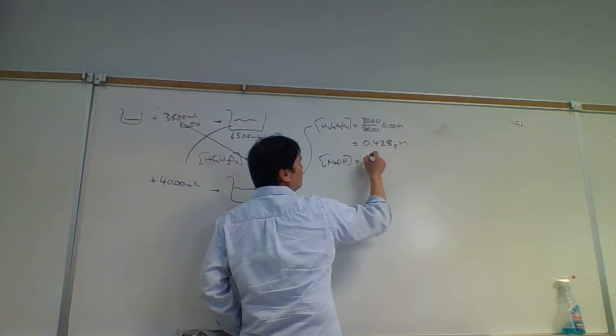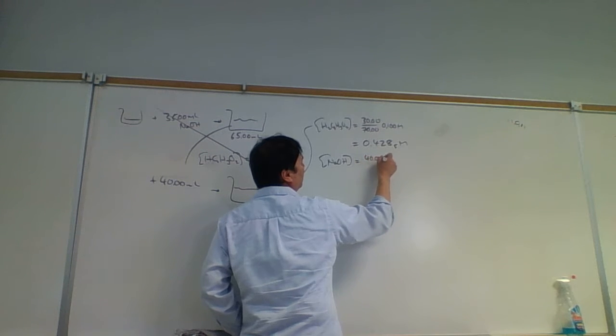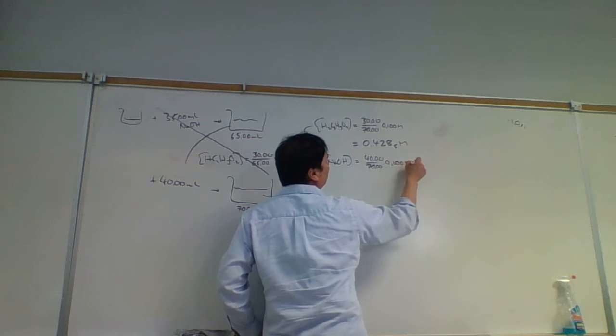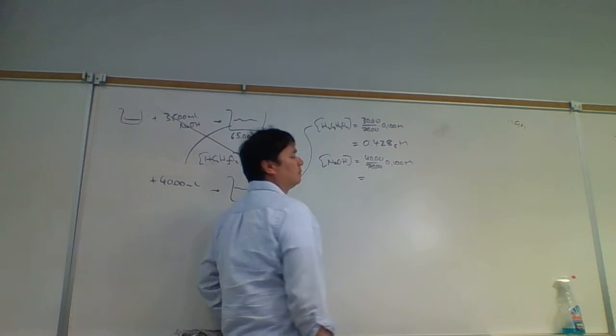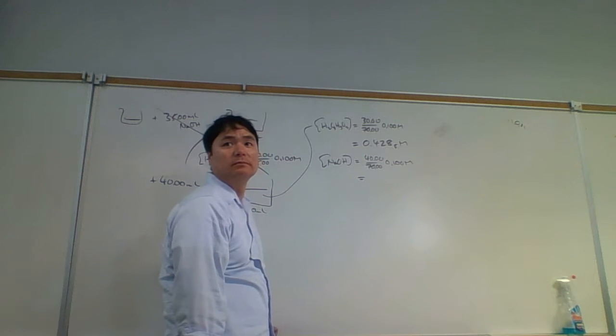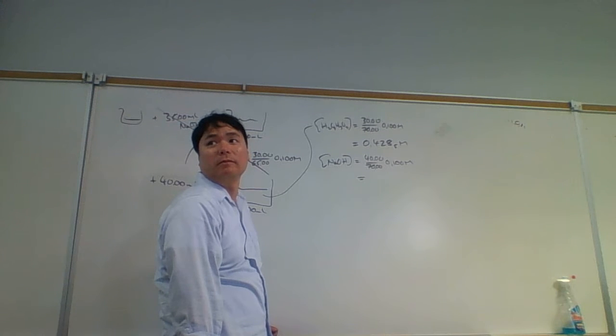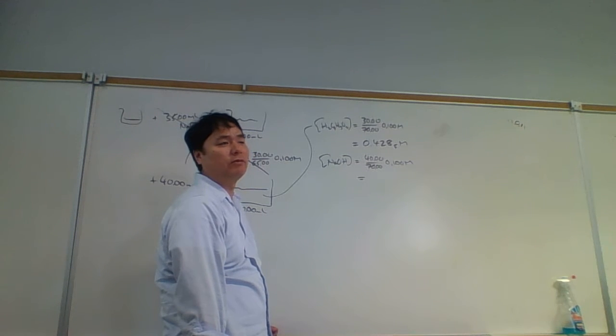And then the other one is going to be a 40 over 70 dilution of 0.100 molar, which is going to give us... I'm sorry, what is it? 0.5 something?